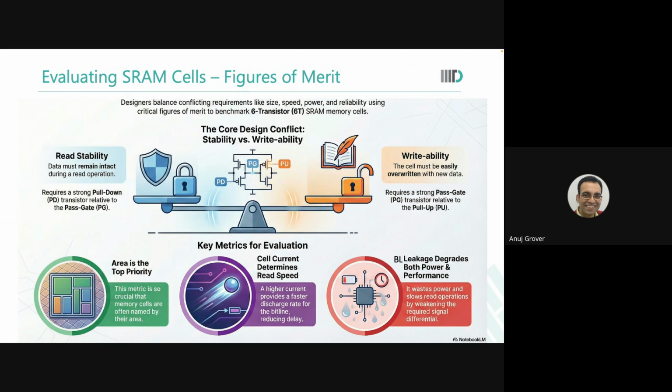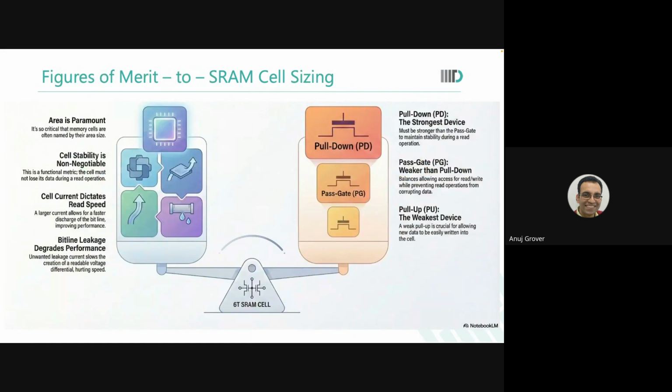How to size. So we looked at, okay, area is always paramount. We also looked at that, okay, for stability, I want pull down to be larger than the pass gate. For writability, I want pass gate to be stronger than the pull up.